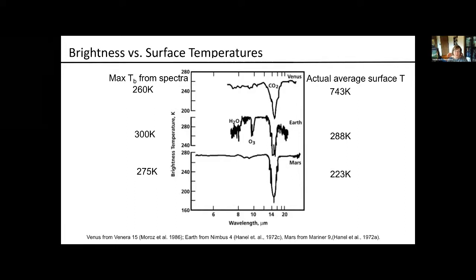So if you look at the equilibrium emitting temperature, the temperature we see in the continuum for a lot of these planets, you'll get the values over here on the left-hand side. For Venus, it's 260 Kelvin, which sounds pretty cold for Venus, but again, you're emitting from above the cloud layer, essentially. About 300 Kelvin for Earth, 275 for Mars from these spectra.